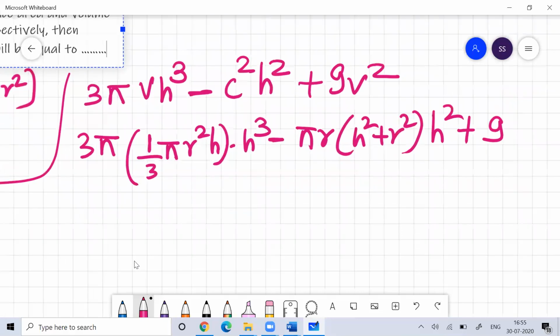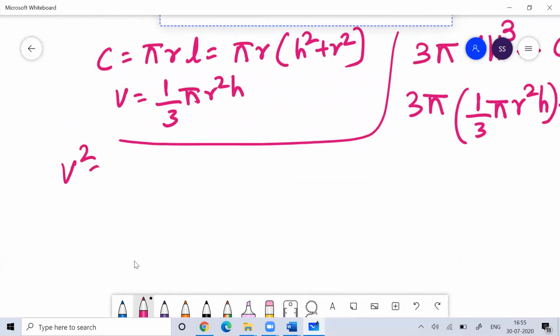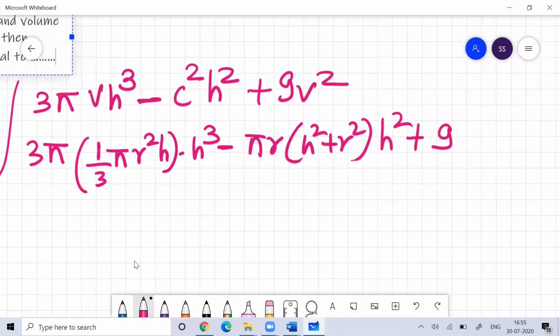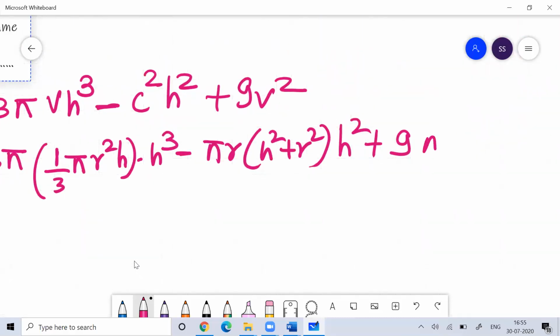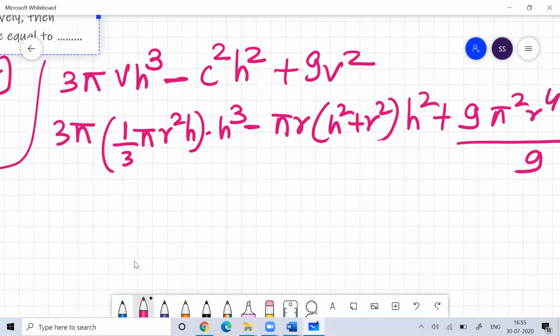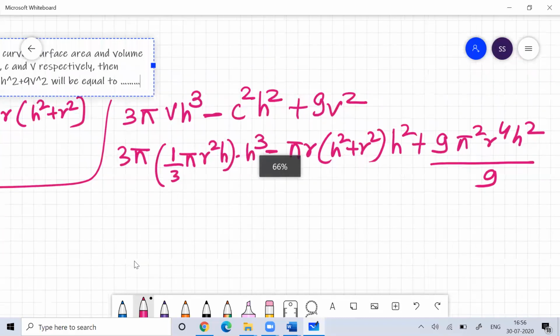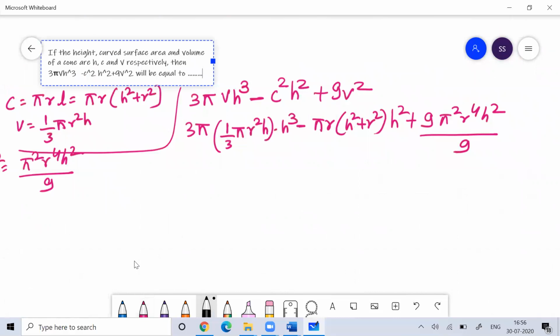If I ask you v square, it is pi square r to the power 4 h square by 9. Now calculate this. This and this get cancelled. So this is r square h to the power 4 minus this, this gets cancelled.